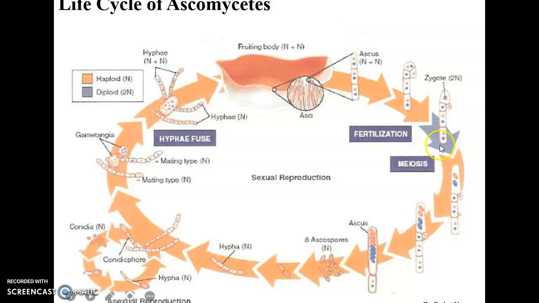Here the blue color indicates the diploid condition of the hyphae. When fertilization or zygote formation takes place, soon after the formation of the zygote there is the process of meiosis. After the meiosis there is another process of mitosis, so that 8 cells known as ascospores are formed.